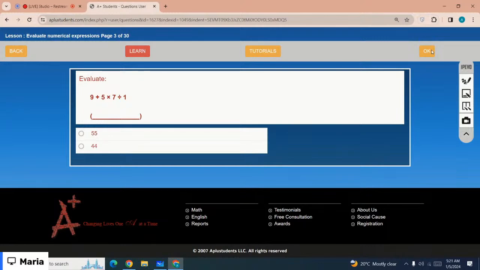Use your notebook and pencil, solve the question, and let's see which is the correct option. Got it?